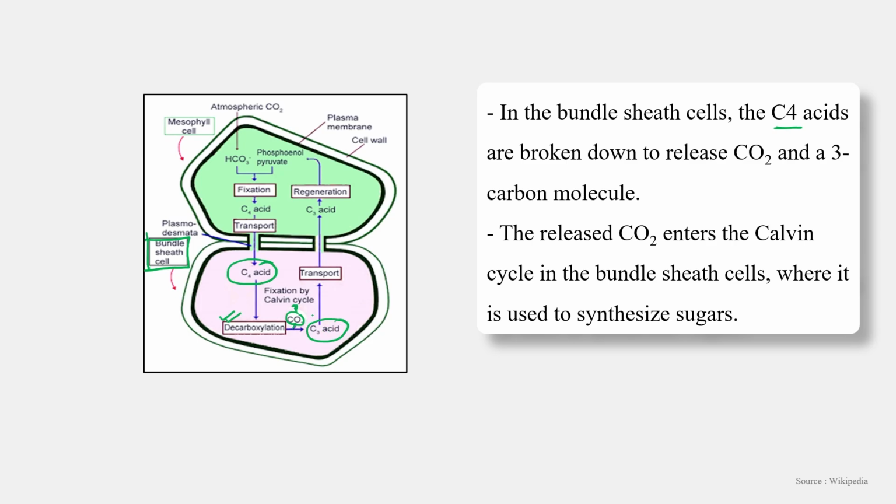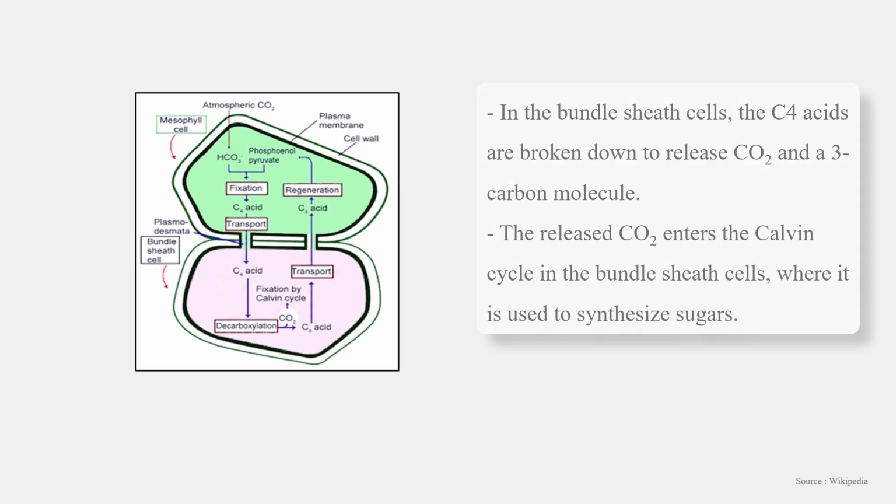This is further transported back to the mesophyll cell. So this is how phosphoenol pyruvate gets generated again. The released carbon dioxide enters the Calvin cycle in the bundle sheath cell where it is used to synthesize sugar. So the Calvin cycle occurs in the bundle sheath cell in C4 plants.